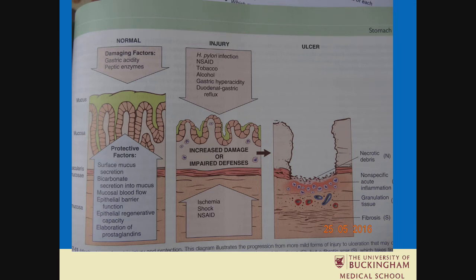When there is an injury, it leads to inflammation and ulceration. So this is the diagrammatic representation of the peptic ulcer: necrotic material, inflammatory cells, granulation tissue and fibrous tissue. The peptic ulcer leads to fibrosis, pyloric stenosis and obstruction.